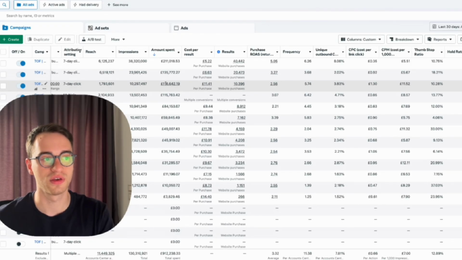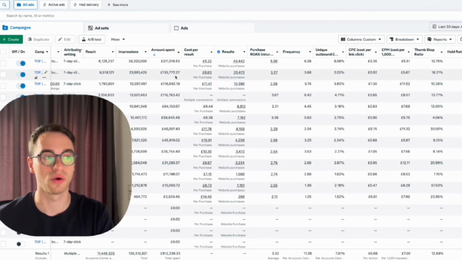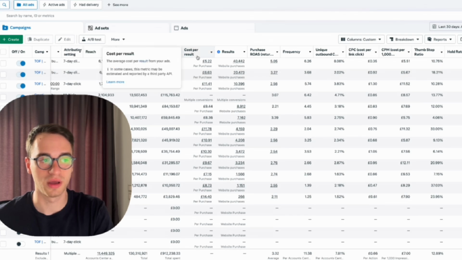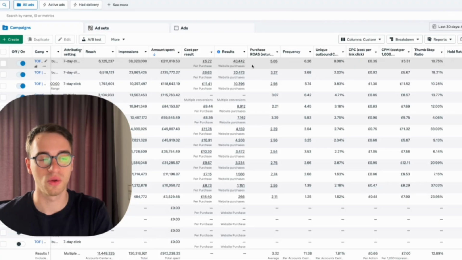So the first things that you need to take a look at, and I take a look at, are all those business KPIs, the metrics that we are optimizing for. So it is the amount spent, the CPA, results, ROAS, and all of those are the core hard metrics that we need to optimize the creative.